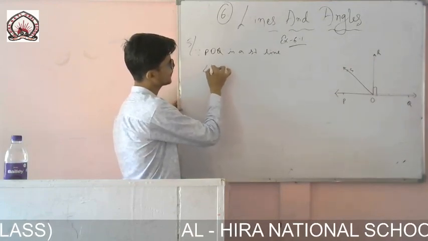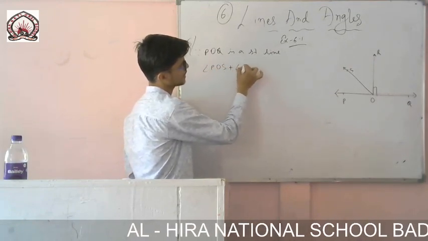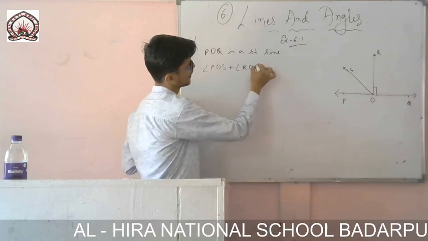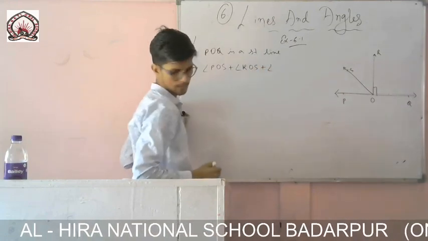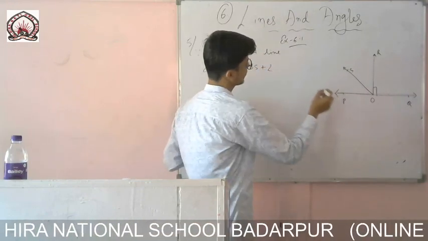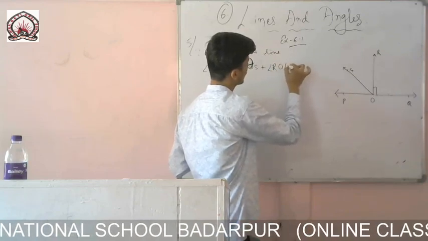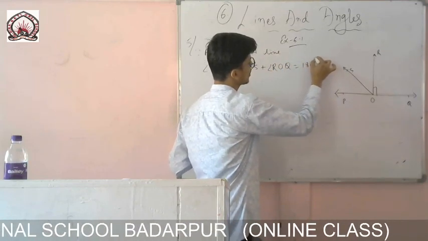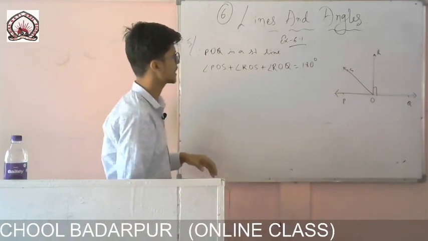So angle POS plus angle ROS plus angle ROQ will be equal to 180 degree because they are on the straight line, no?